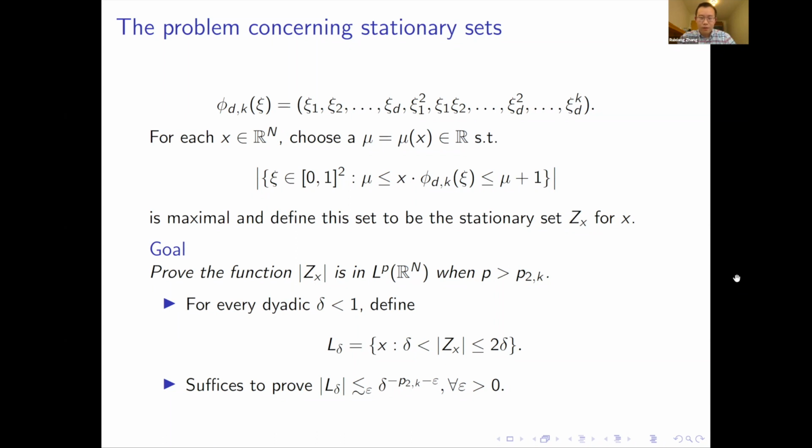Another sanity check is that L of delta is in capital R to the capital N, so it's in the large Euclidean space. We want to bound the measure of L of delta. What is in L of delta? We have x in L of delta if and only if it has a large stationary set in R squared. Hopefully I've made this all clear, and I'll summarize this in the next slide.